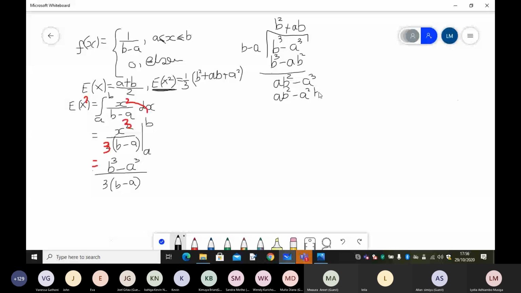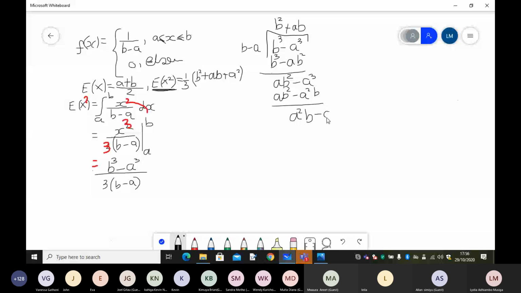So ab squared minus ab squared is 0, and then 0 minus a squared b is a squared b, and then minus a cubed minus 0 is just minus a cubed.